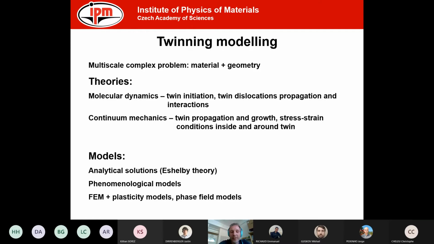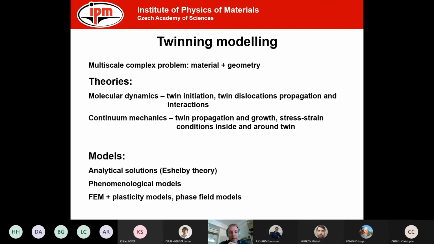So the two main theories, or frameworks, that are used for modeling of twinning are molecular dynamics, that is very useful for simulating the twin initiation, that is a very local process, and then the movement or propagation of twin dislocations at the twin boundaries, and also the interaction of twins with some obstacles or lattice defects.